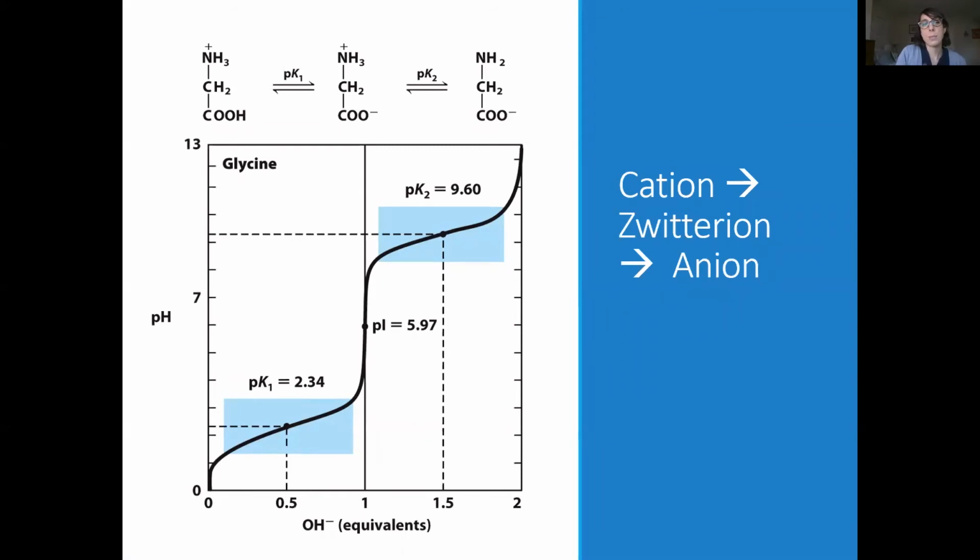Now, when we look at a plot of an amino acid's pKa, the Zwitter ion form is in a special area that we call the pI. This stands for the isoelectric point, the point at which it is a neutral molecule.